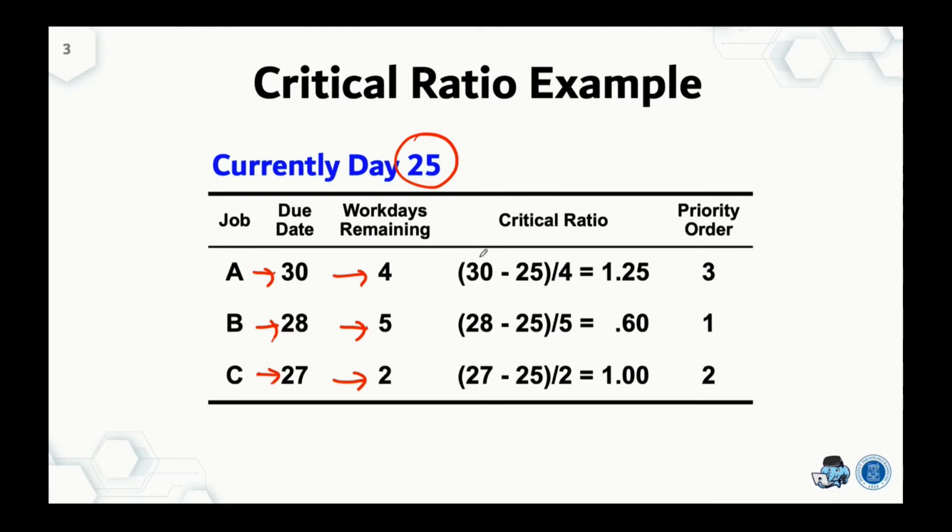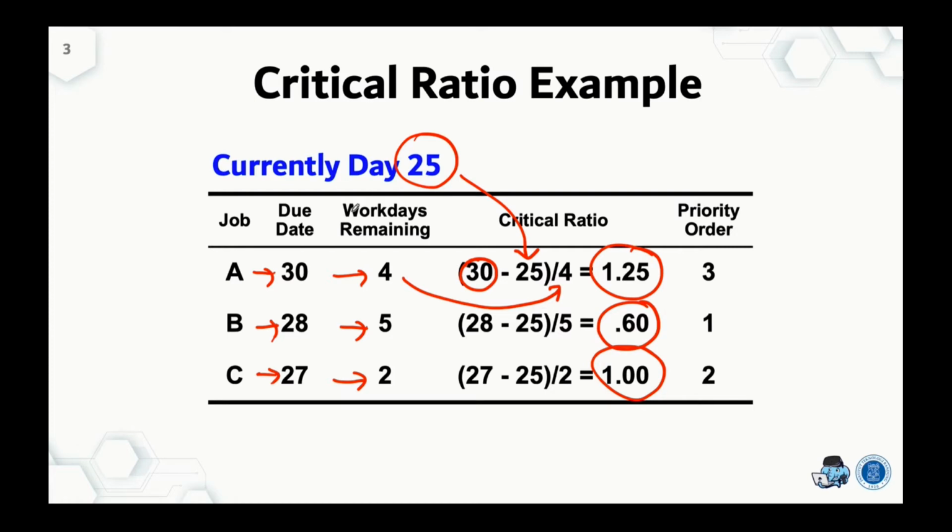Due date 30 minus the current date, divided by the work days remaining 4, equals 1.25. We can do the same with job B, with a result of 0.6 critical ratio, and 1 critical ratio for job C.